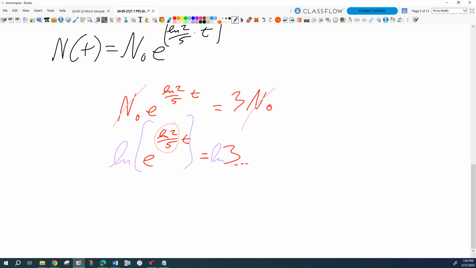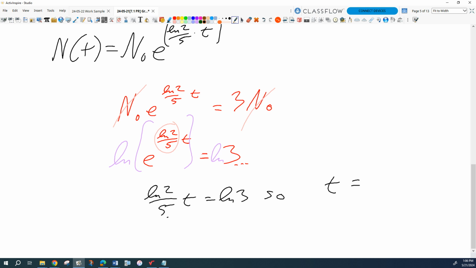Okay, and we end up with log 2 over 5t equals log 3. So what's my solution then? T equals, and wouldn't I just multiply each side by the reciprocal of that fraction? Multiply by 5 over log 2?